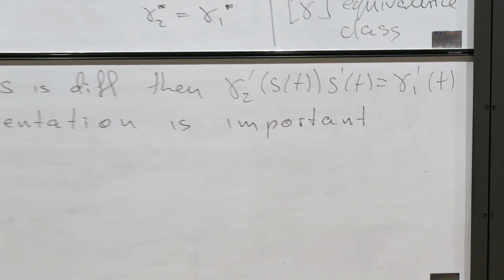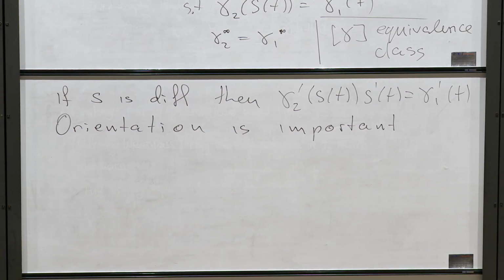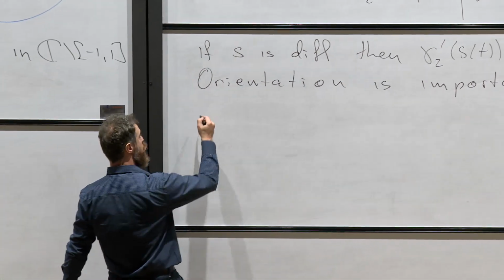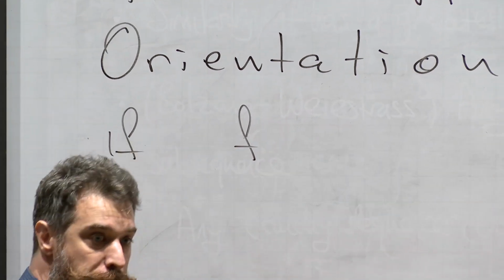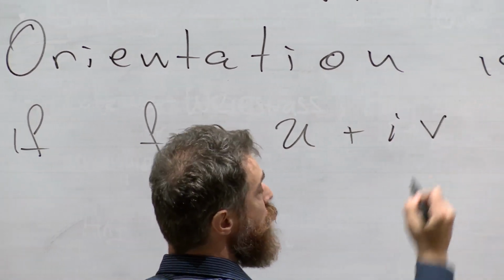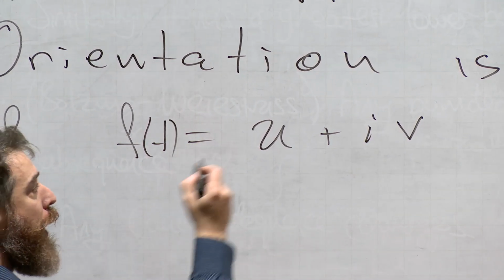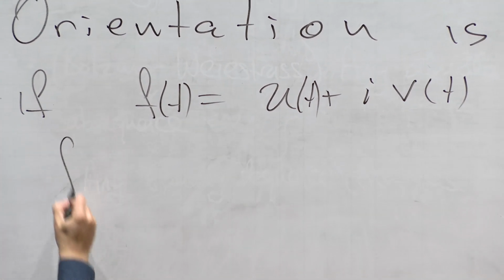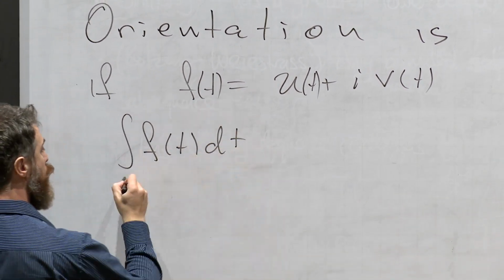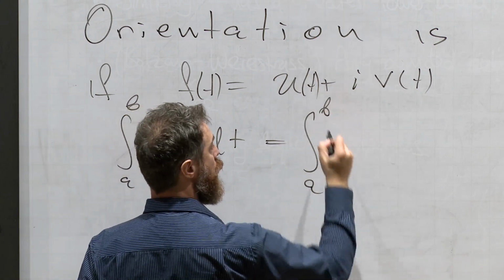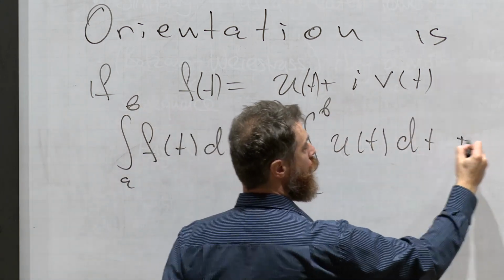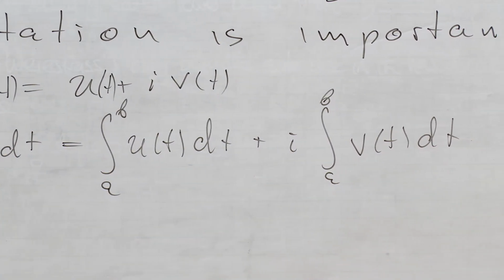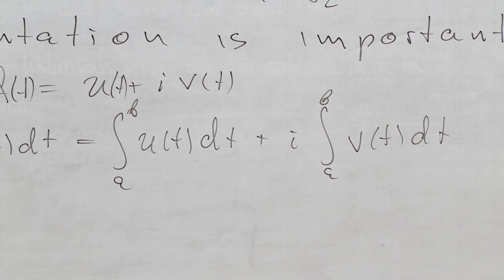OK, and now when we know what a curve is, we can define integration of complex valued functions. So if we have a function f, which is as always u plus iv, and now this is a function of just one real variable, then we can define an integral of f of t dt from a to b as the integral of u plus i times the integral of v, where these are usual Riemann integrals as in prelims analysis.